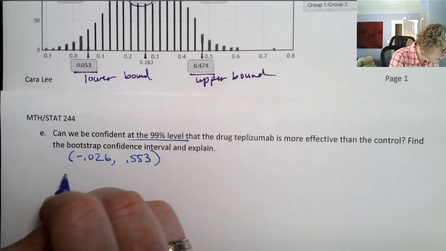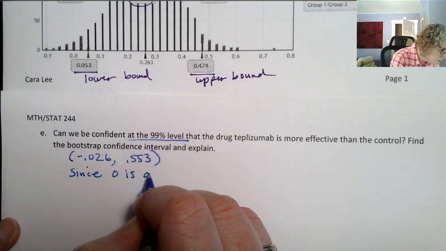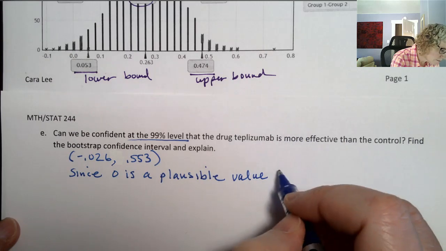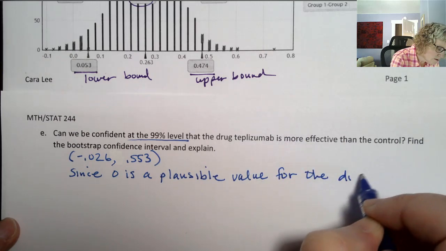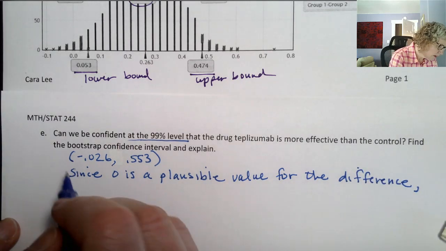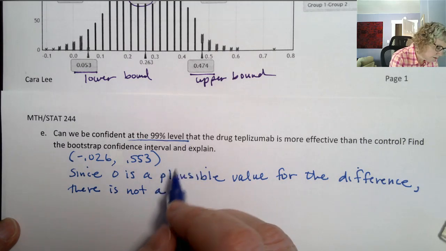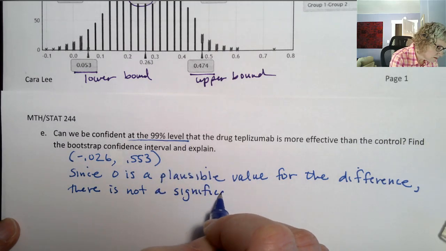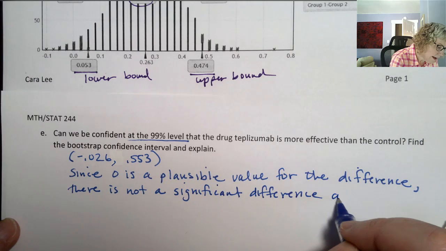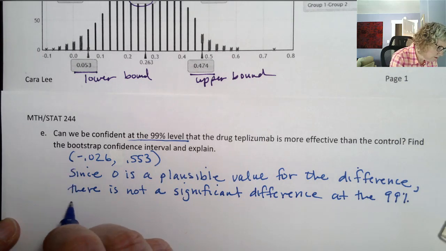Okay, so since 0 is a plausible value for the difference, there is not a significant difference at the 99% confidence level.